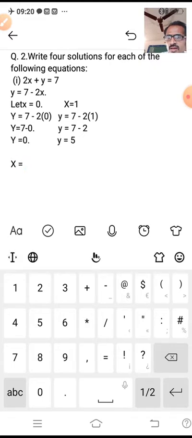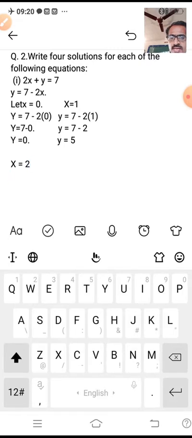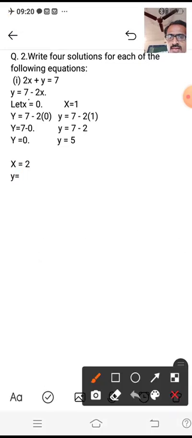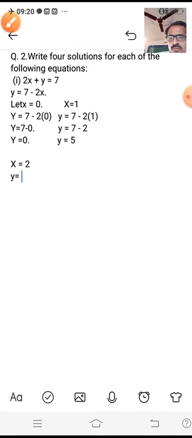Suppose let us take x equals 2. We have already taken 0 and 1. Same way, y equals 7 as it is, minus 2, instead of x what will we write? 2.